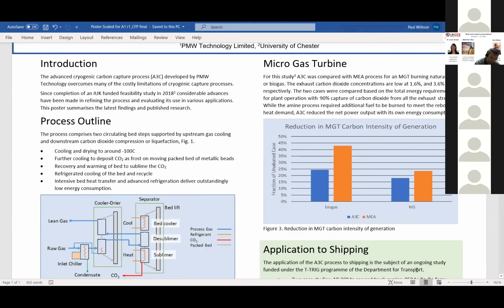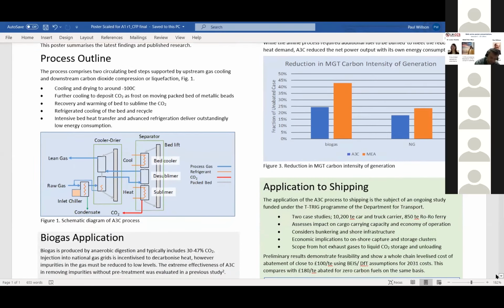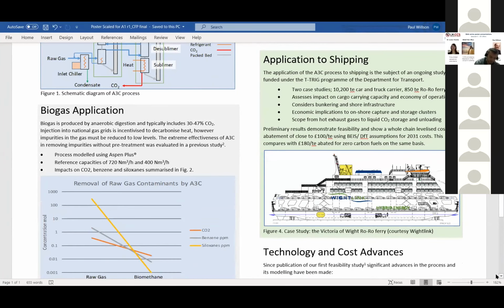The third application we are working on at the moment is an application to shipping. I show a picture there of one of the case studies we're working on. We're looking at two case studies, a car carrier, 10,000 ton, and this Victoria of Wight, the ferry going to the Isle of Wight.